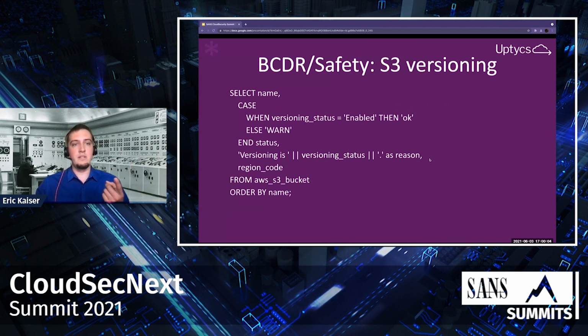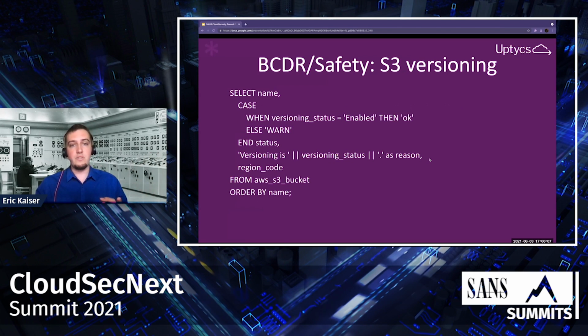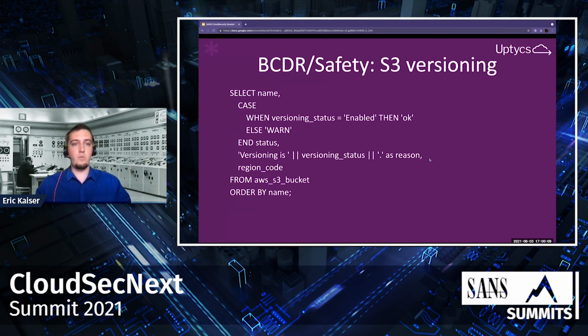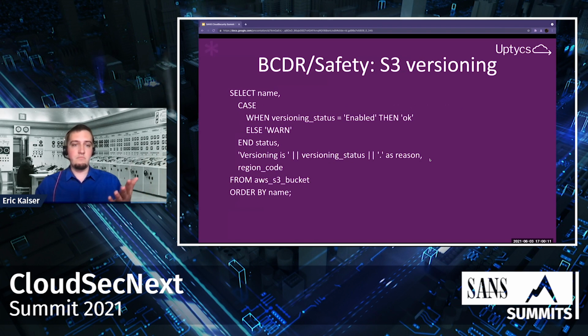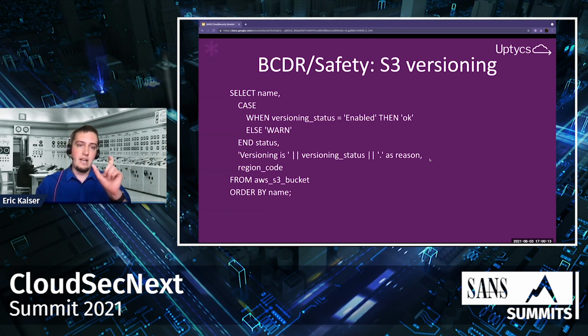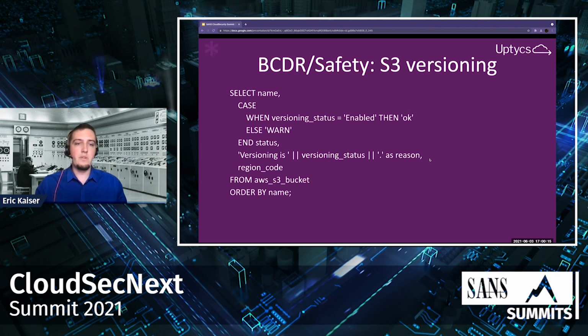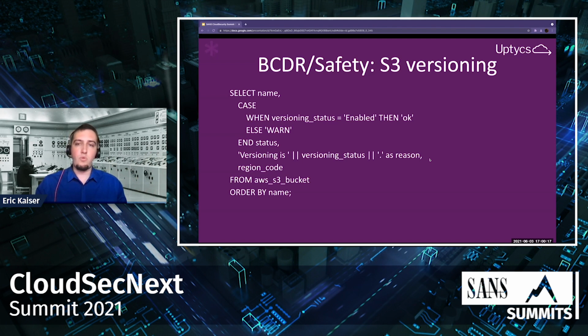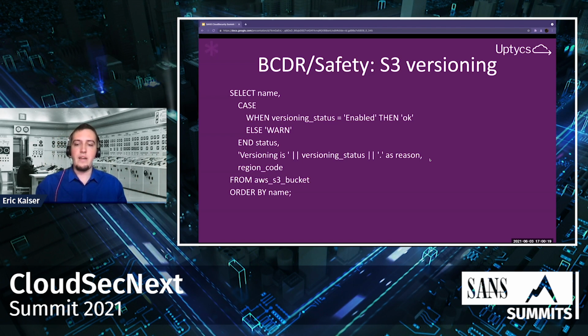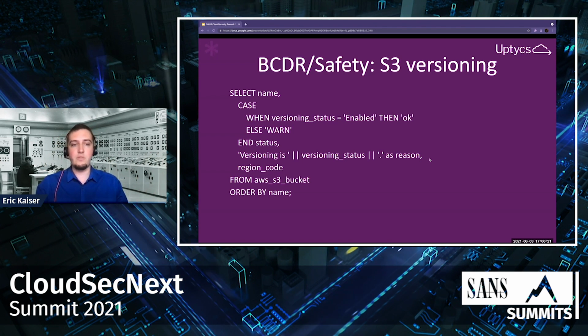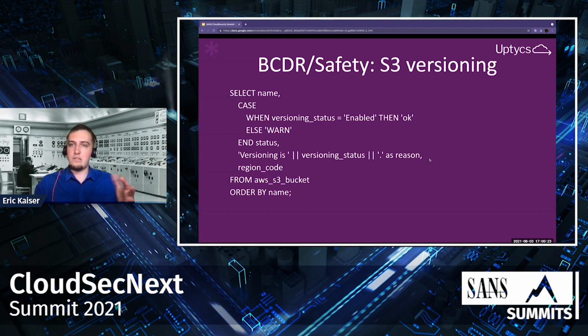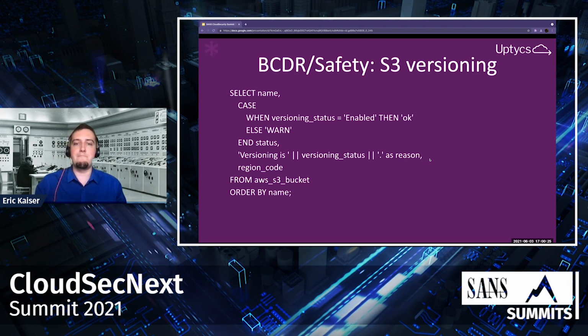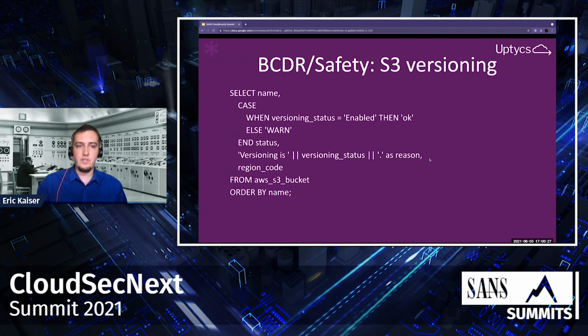Again, name of the bucket, case when the versioning status is enabled, everything's great, otherwise there's a problem, and then what the versioning status is as a column from the AWS S3 bucket. In this case, we're ordering by name so that it's easy to see. You can, of course, use all of your SQL tricks. These are what I would consider sort of medium, low SQL select statements.